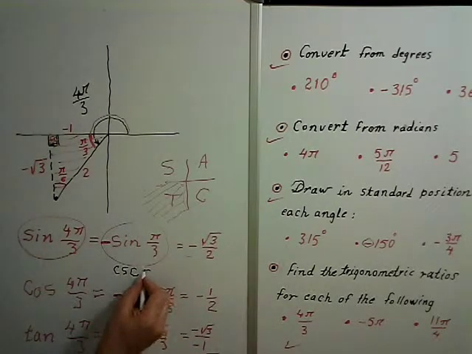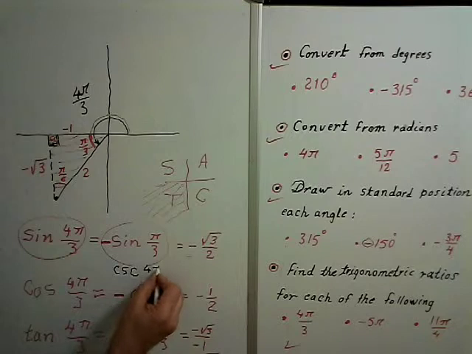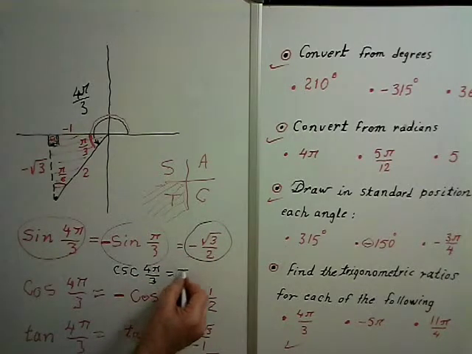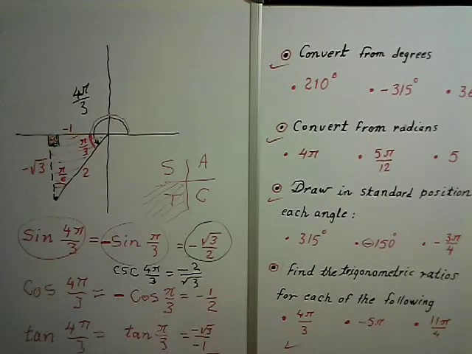For 4 pi over 3, it's the inverse here: negative 2 over square root of 3. Cosine, the inverse for cosine is sec. Sec 4 pi over 3 is the inverse of this, which means negative 2.